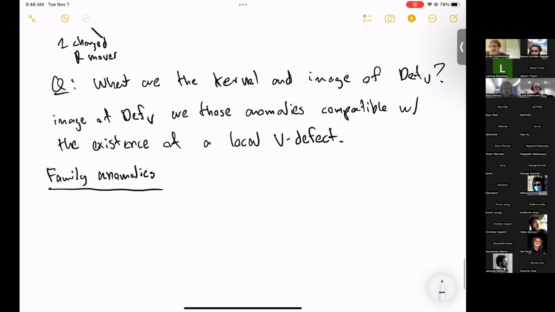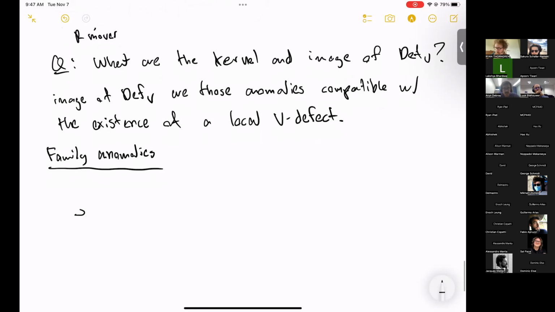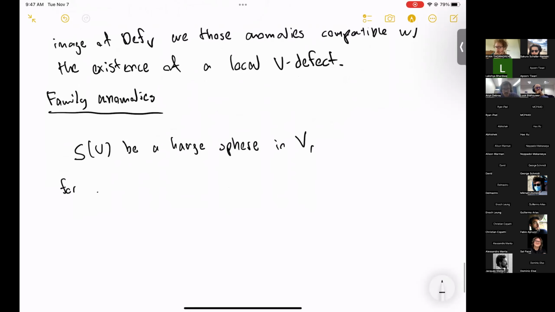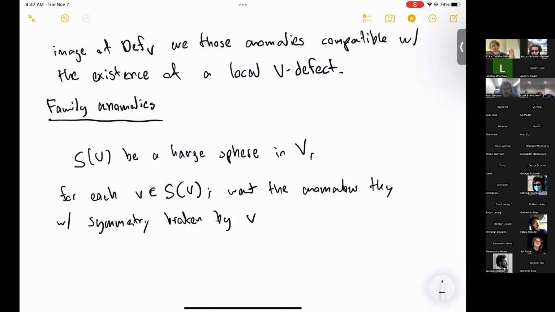So let S_V be a large sphere in V. For each V in this sphere, we want the anomalous theory with symmetry broken by V. In other words, you add the operator in the direction of V with that magnitude.